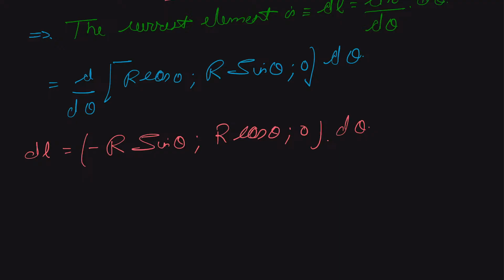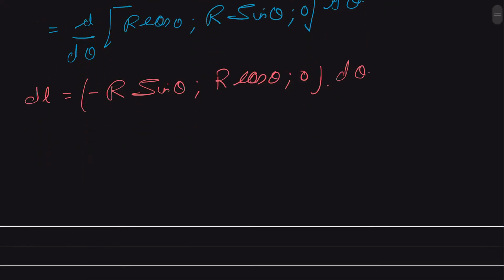And we are given that this point P, on which we are going to find out the field, is in the plane of the ring, and the distance is given as a from the center.